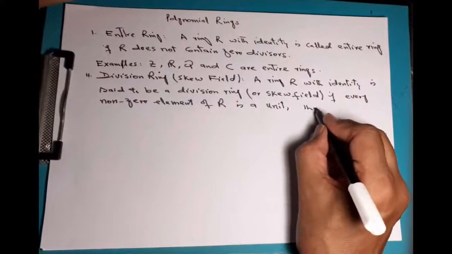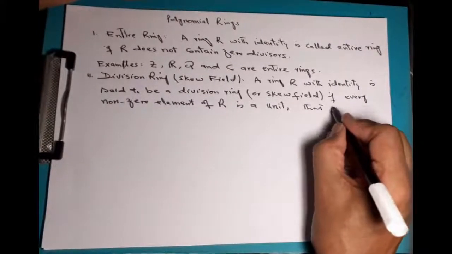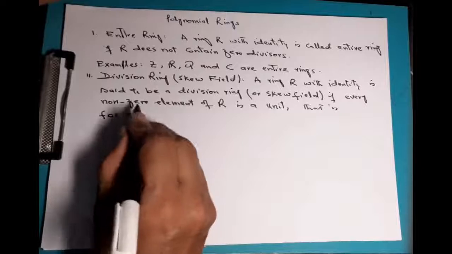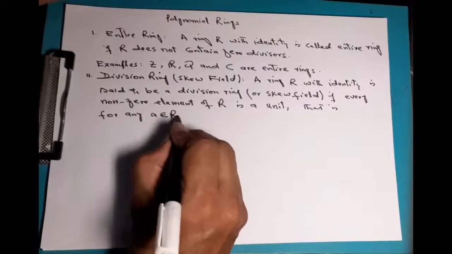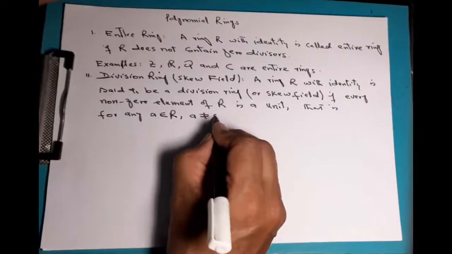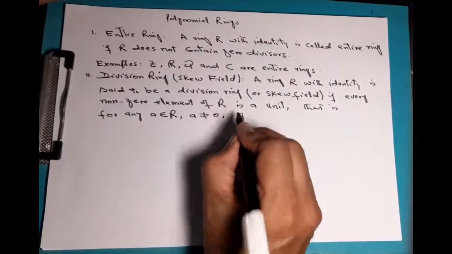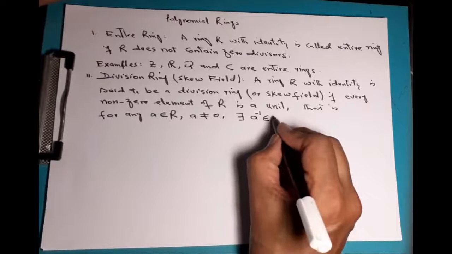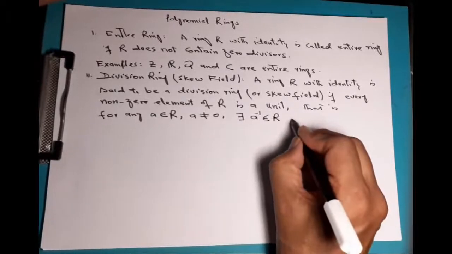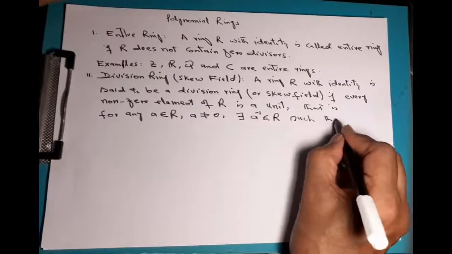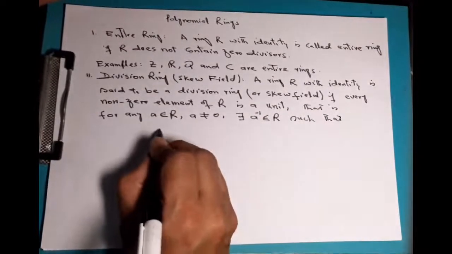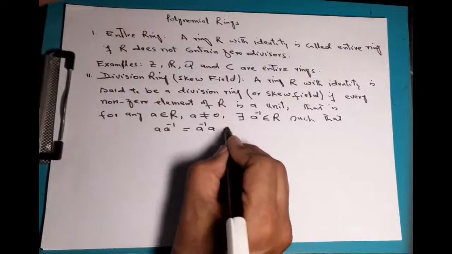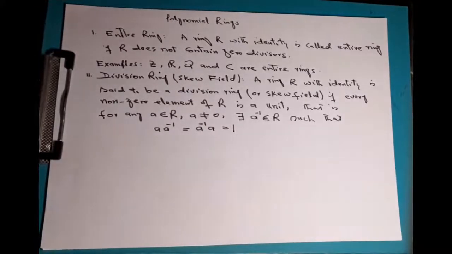That is, for any a belonging to R, a is not equal to 0, it has to be non-zero element, there exists an element, we write it mostly as a inverse, in the ring R such that a multiplied with a inverse is equal to a inverse multiplied with a, and this is equal to multiplicative identity, which we denote by 1.